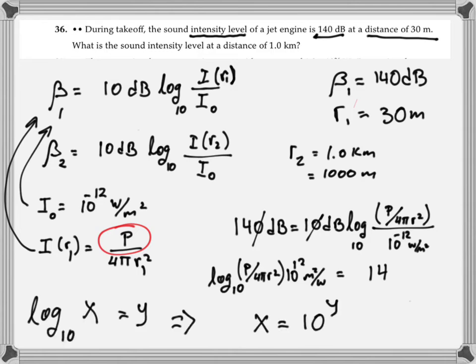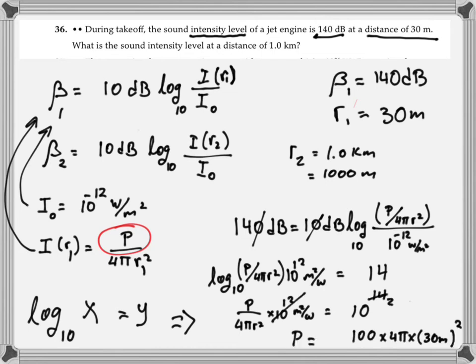From the basic properties of logarithms, if log base 10 of x equals y, then x is 10 to the y. So P over 4 pi r squared times 10 to the 12 is equal to 10 to the 14.